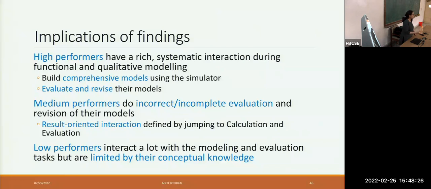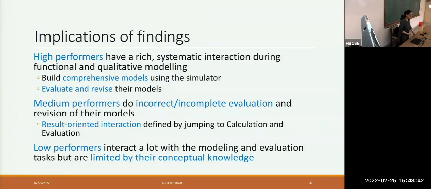Students don't see the value of practices such as mental simulation, drawing diagrams, building models and evaluating them. So this is not something that can be done with one intervention. It needs to come in more systematically.